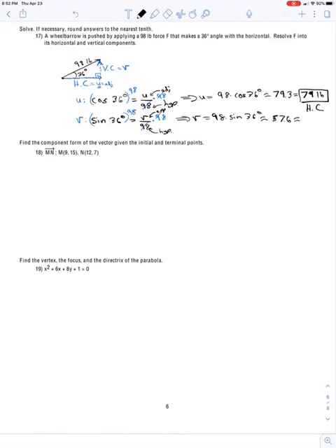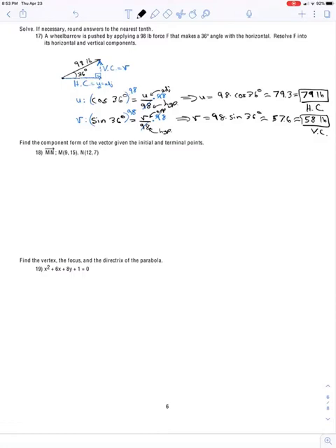Let's go to the nearest pound, nearest whole number, so 58 pounds. That's our vertical component for this force vector. So we resolved that into horizontal and vertical components, the lengths of the two legs of that right triangle, which describe these components of the vector.